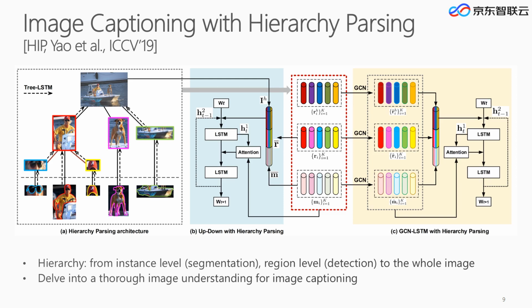Each region then regresses to an instance, for example, the foreground of the region. Such a process naturally builds a hierarchical tree. A Tree LSTM network can then be used to interpret the hierarchical structure and enhance all the instance-level, region-level, and image-level features. The HIP structure is pluggable to any neural captioning model.